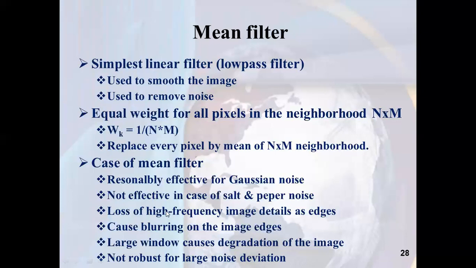Loss of high frequency image details such as edges. When we apply the mean filter, إذا عندي region of interest, إذا عندي edges الحدود, يعني edges الحدود بين two regions.